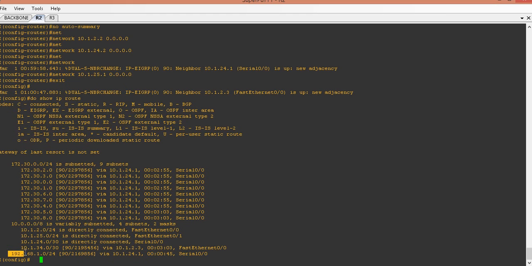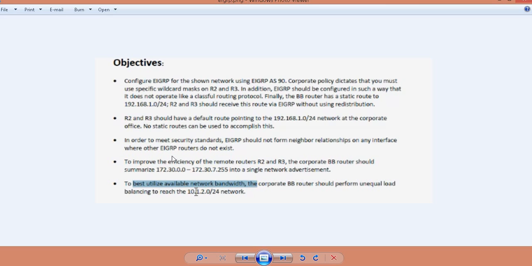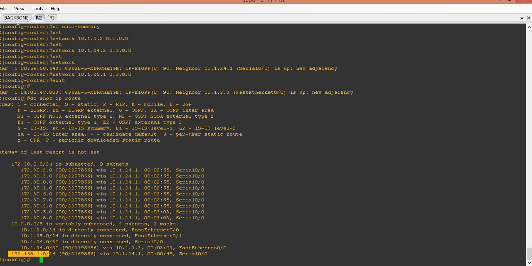You can see here 192.168.1. Okay, good. The next question says router 2 and 3 should have a default route pointing to the 192.168.1 network at the corporate office. No static routes can be used to accomplish this. Good. How do we do that?